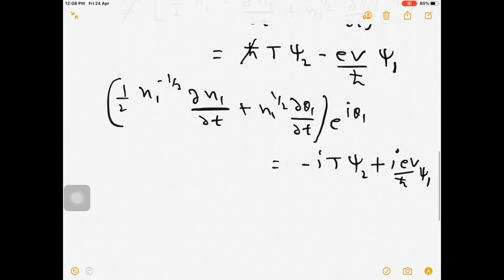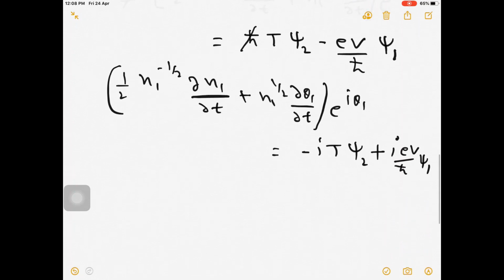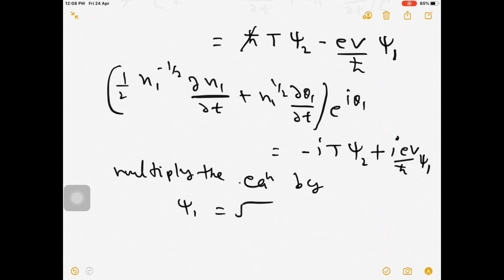In the same process as we discussed in the DC Josephson effect, multiply the equation by under root n1 exponential minus iota theta 1.